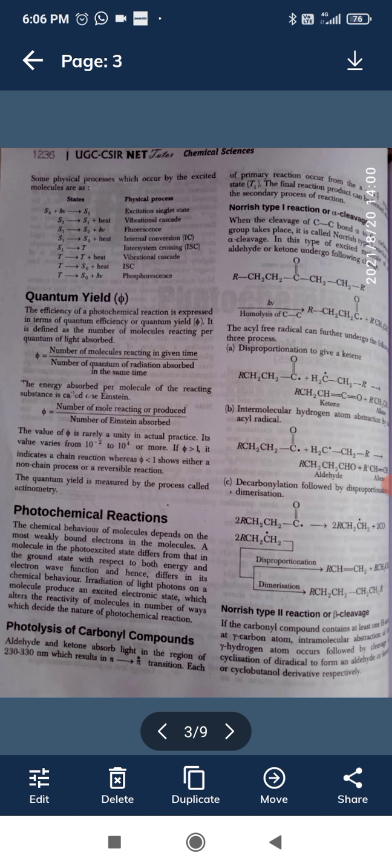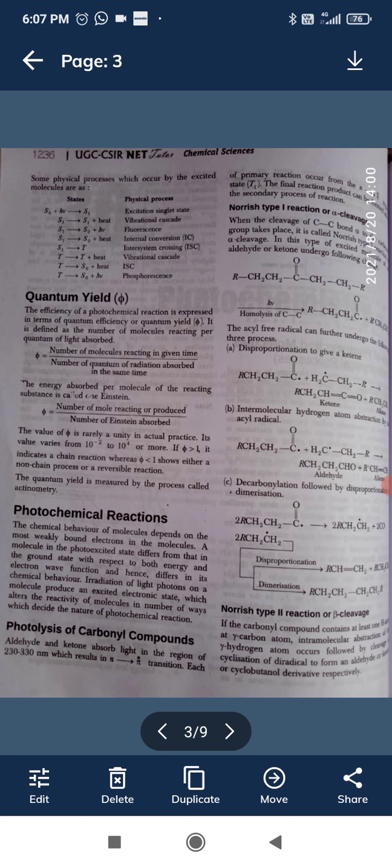If the electron comes back to the ground state from S1 to S0 by emission, that is, loss of some energy as light, then it is called fluorescence.